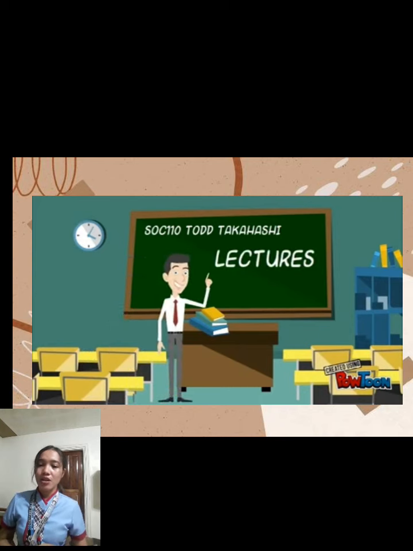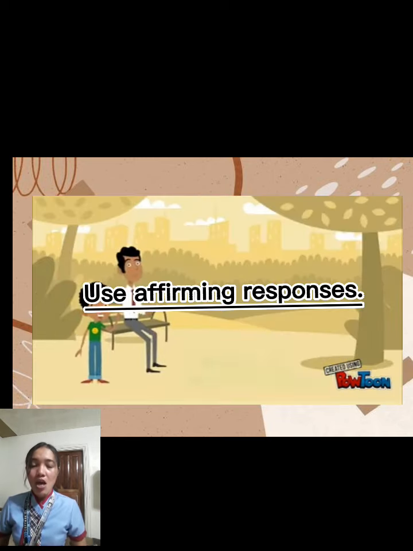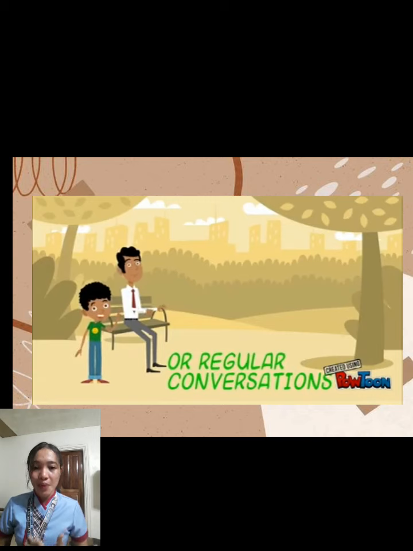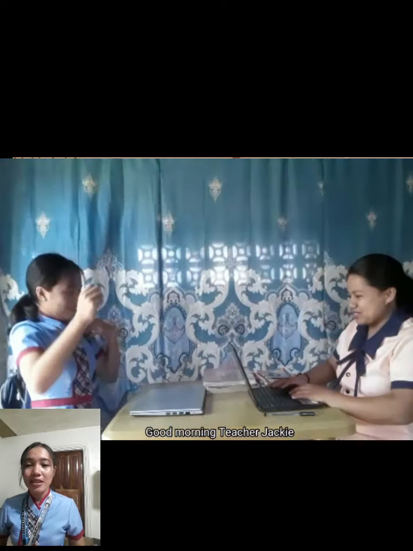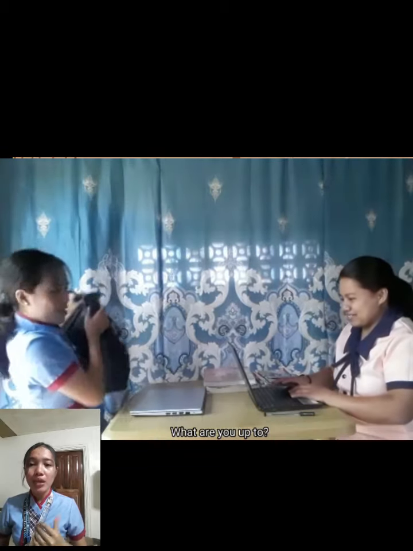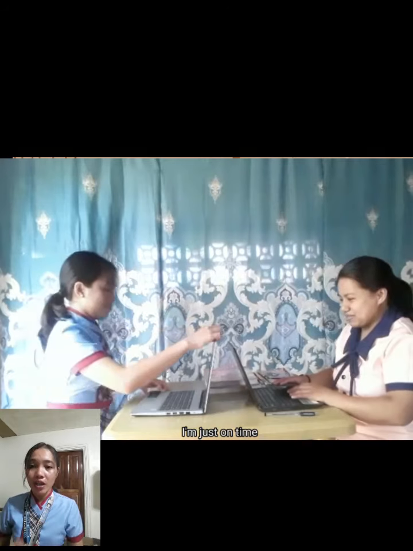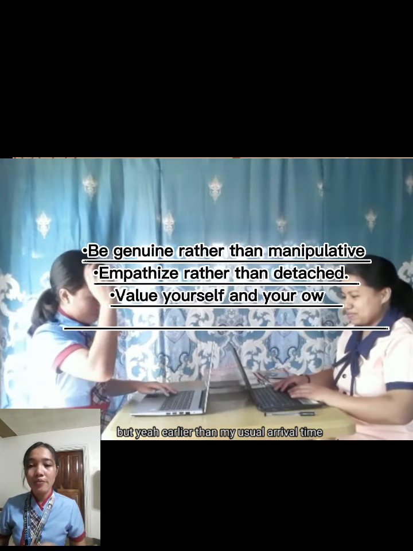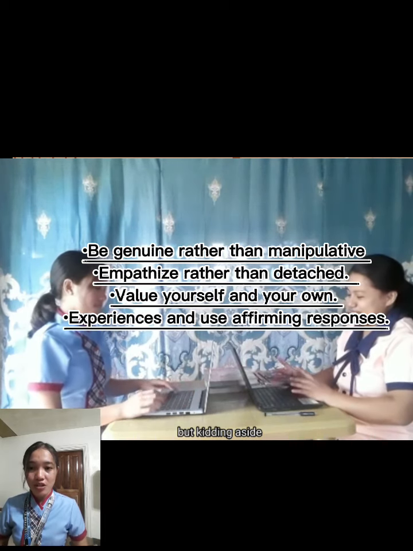For example, in a class scenario, when explaining a discussion, sometimes we base the topic on our experiences and we expect that our listeners will respect that. The last but not the least is using affirming responses. Just like the second strategy, we also need to respond to the receiver we are talking to. We need to respond sensitively, respond rightly, and respect each other's thoughts.